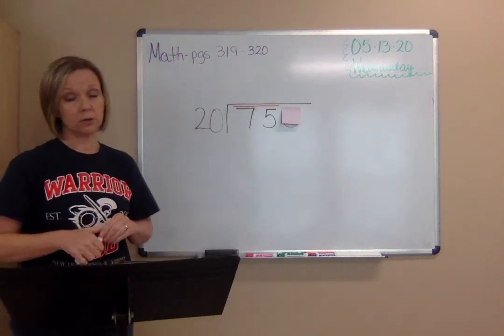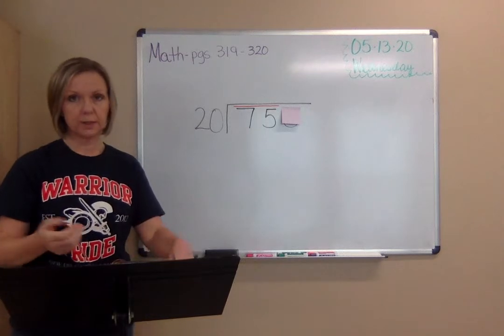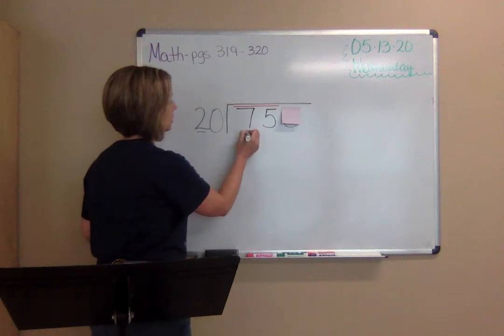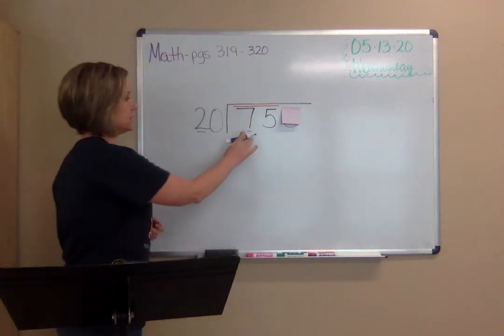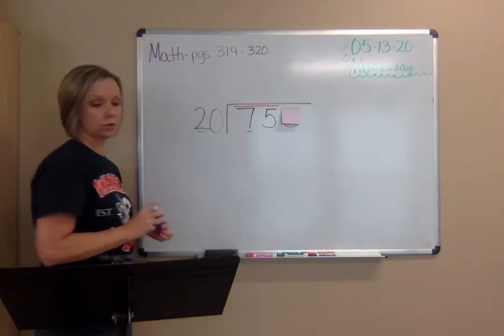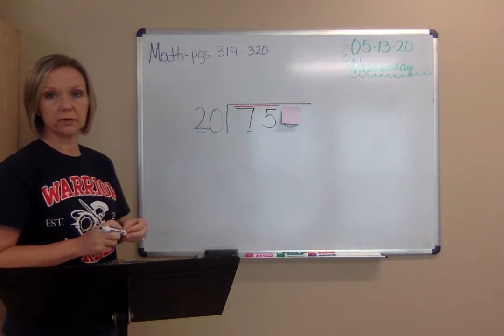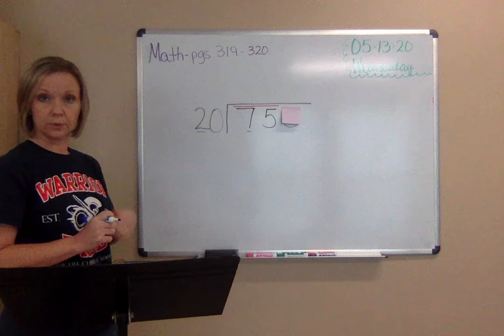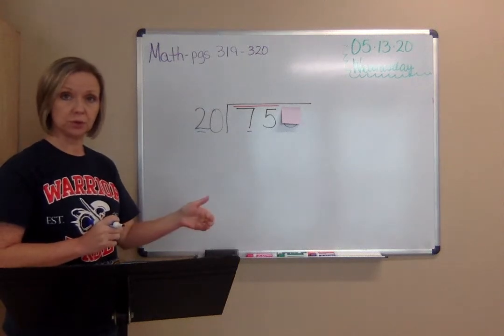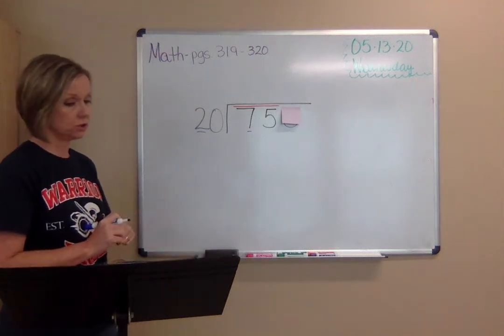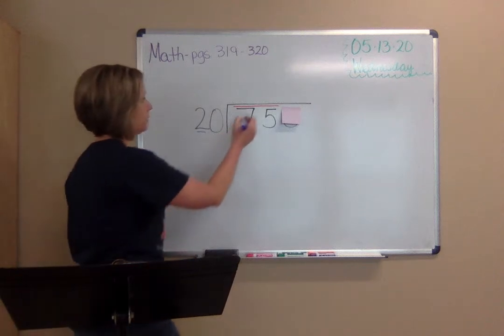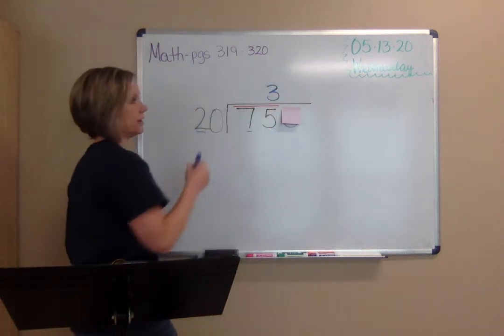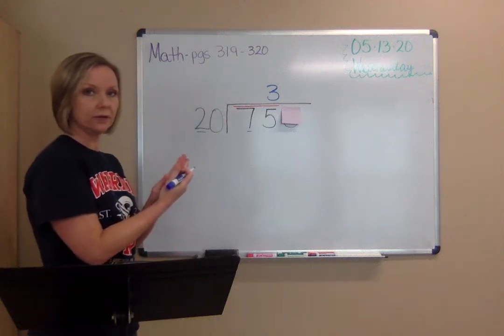Like it said, you don't have a 20 table written down, so you're going to say how many 2's are in 7, or 7 divided by 2. How close can we get without going over? 7 divided by 2 is 3, because 4 times 2 would be 8. That's too much. So if you look at your example problem, we pop the 3 up here over the 5 because we're using the whole number of 75.